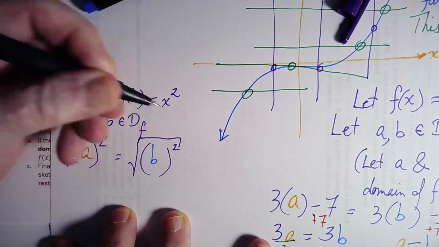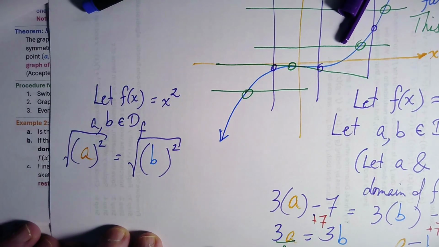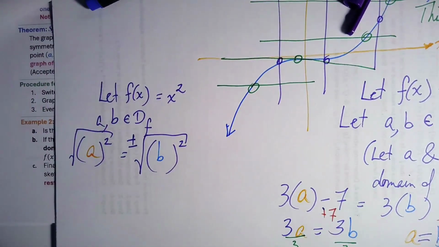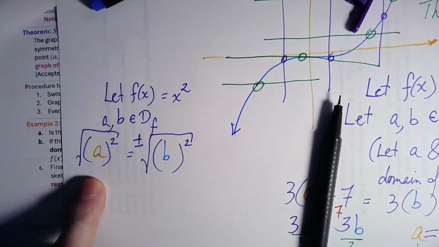When we take the square root of both sides of an equation, we have to put in a sign. What is that sign? Positive, negative. Very good. Okay, well, let's just look at the left side.